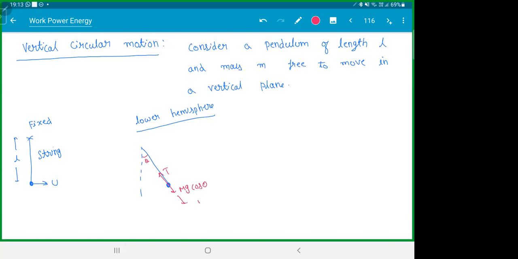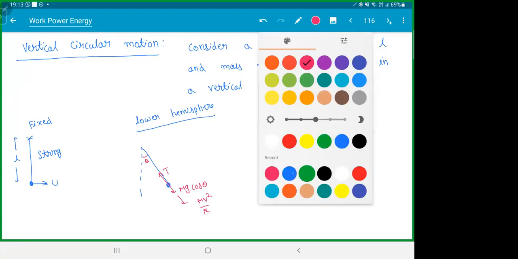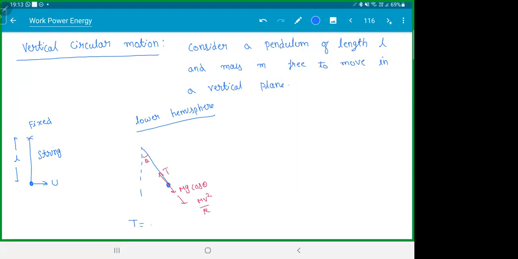And we have centrifugal force, mv square by r. Meaning you can do anything you want, but the tension will never be zero. T is always mg cos theta plus mv square by r. String never becomes loose in the lower quadrant. In the lower hemisphere, tension can never become zero.